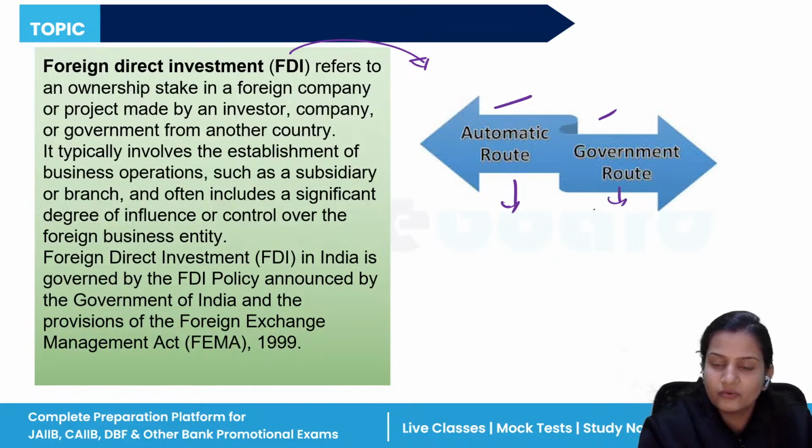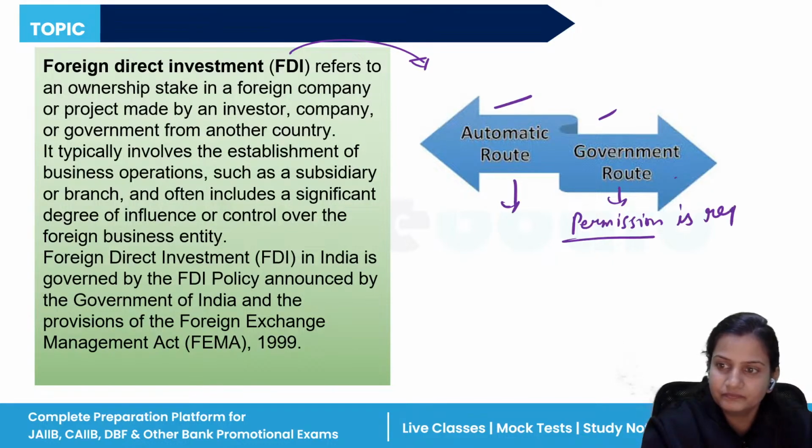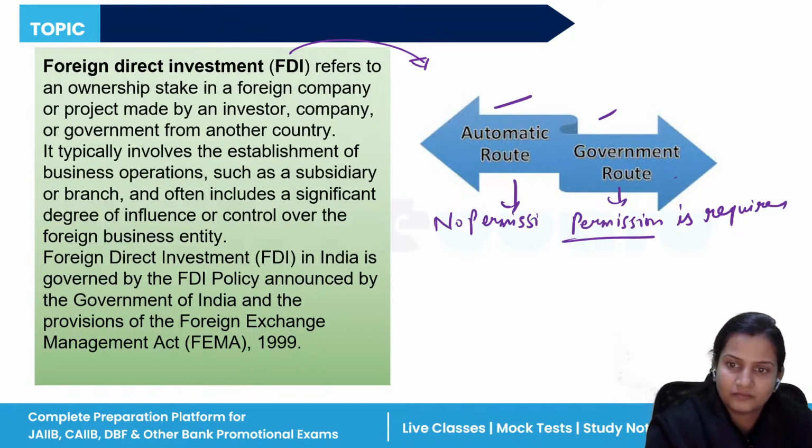Whereas in the government route, after a percentage criteria, you need to take the permission of the government, and only then can you invest in the other country. In the automatic route, no permission of the government is required.